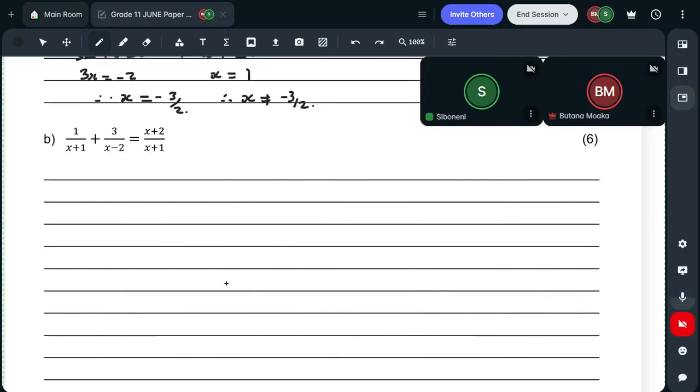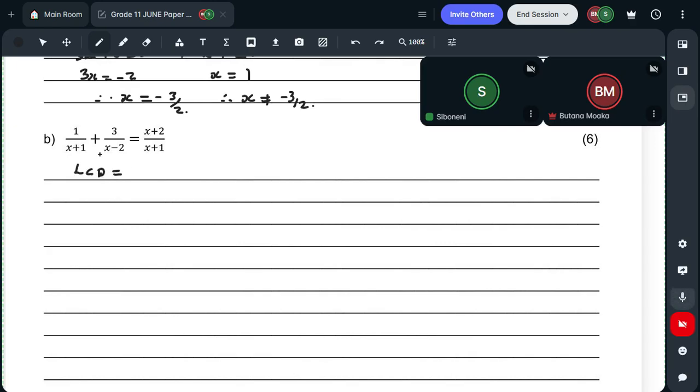So on this one, when I look at what you are given, this is fractions. The first thing you need to do is to find your LCD, the lowest common denominator.